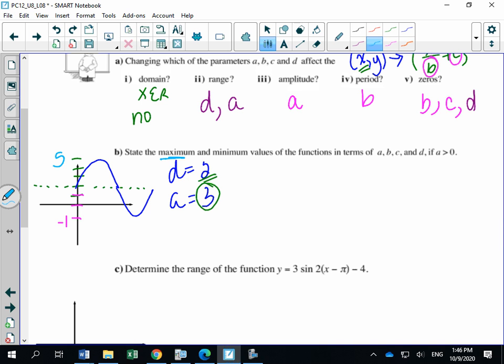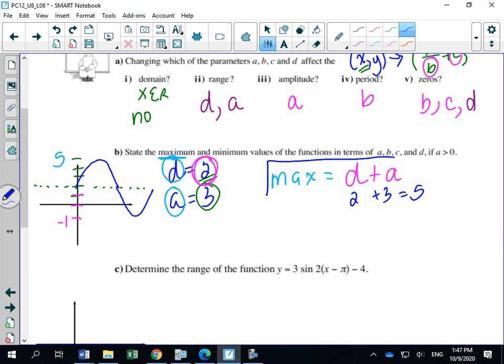How could you figure out a maximum of any graph using your A value and your D value? The maximum is always going to be whatever your D value is plus your A value. So think about it. My D value is 2 and my A value is 3. That gives me a maximum of 5.